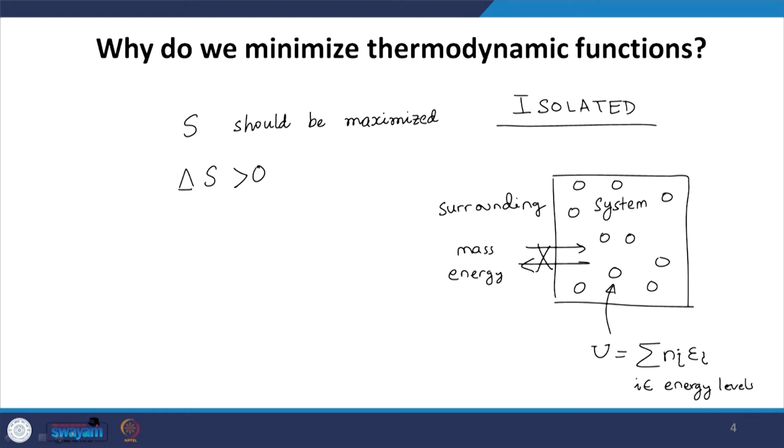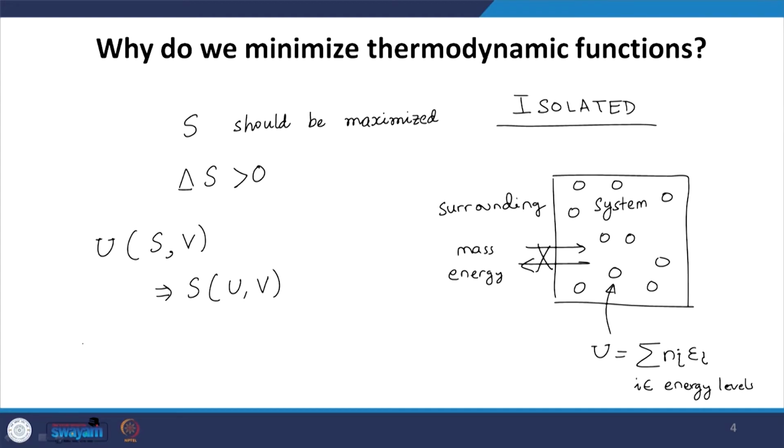Now, we know that u is a function of S and V. So, therefore, I can also write S as a function of u and V, and u in this case is constant. So, I have the ability to control u, and I am anyway doing a constant volume system. There is no additional work being done on the system. So, volume also we can control.